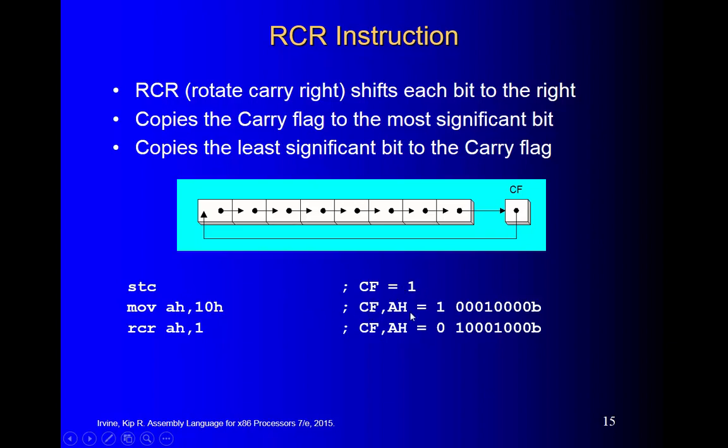So we start the carry with 1 and AH with 10. 10 means 0, 0, 0, 1, 0, 0, 0, 0. So we're going to rotate through carry to the right. So this is the beginning, and the least significant bit will rotate to carry. So this one will copy into carry, and all this will move forward once. You can see.